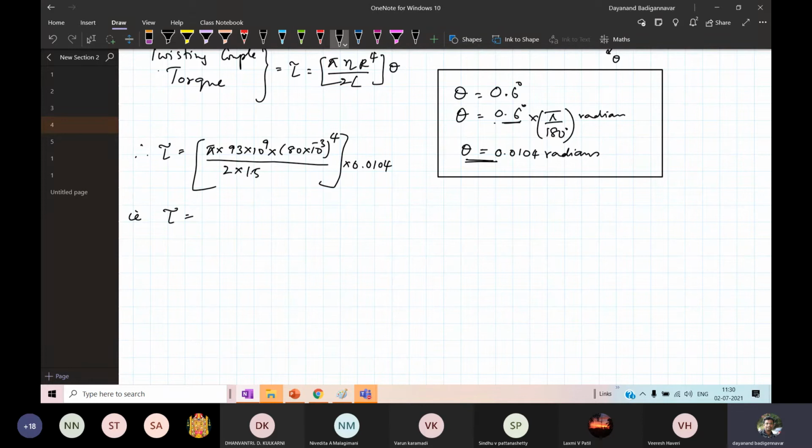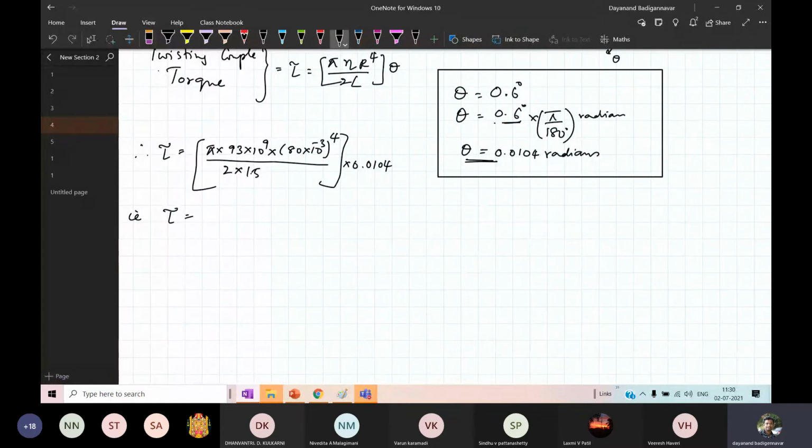Close the bracket. So pi into 93 into 10 to the power of 9 into r raised to 4, where r is 80 mm, 80 into 10 to the power of minus 3 whole raised to 4.